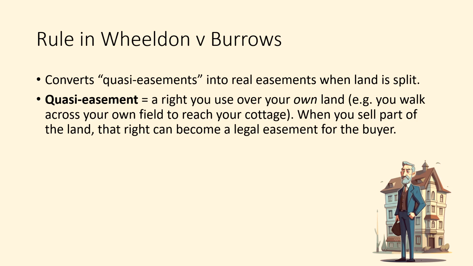You own all the land by yourself. So obviously, as you might remember from last lesson, an easement really requires a dominant and servient land that are being owned by two different parties. And so if that doesn't exist and one person owns all of the land, then we call this a quasi-easement.